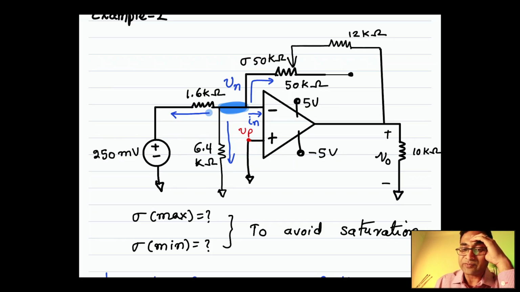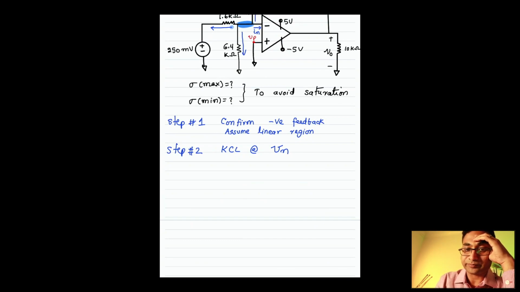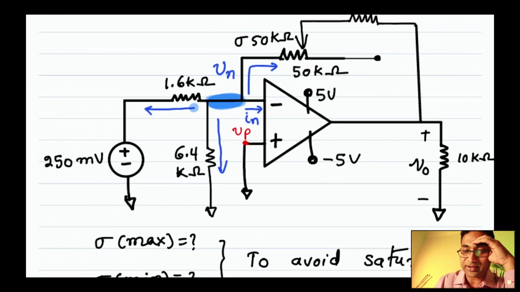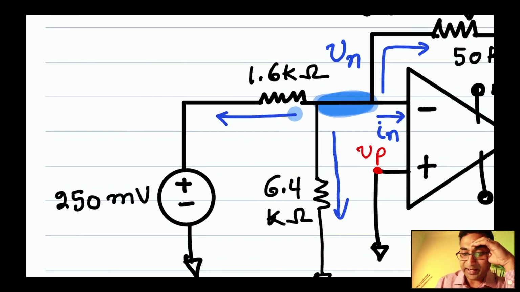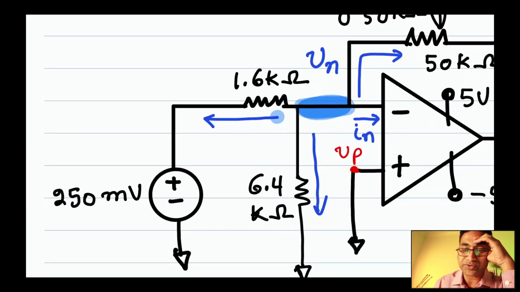So Vn minus 250 millivolts divided by 1.6 kilo ohms, that's the current through this branch.